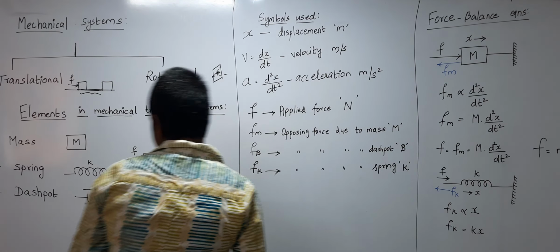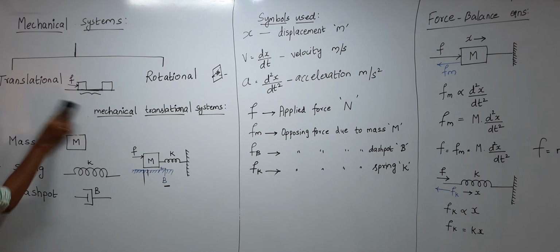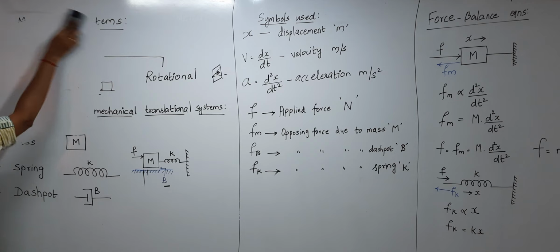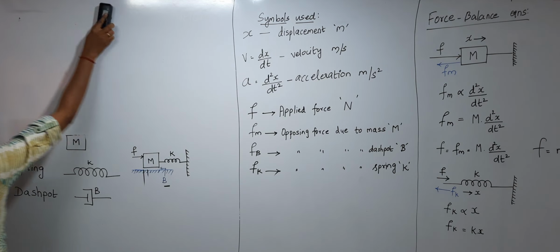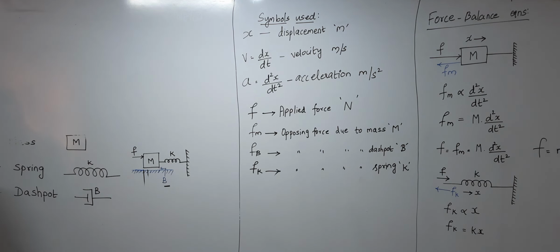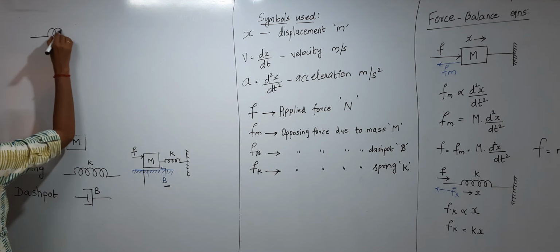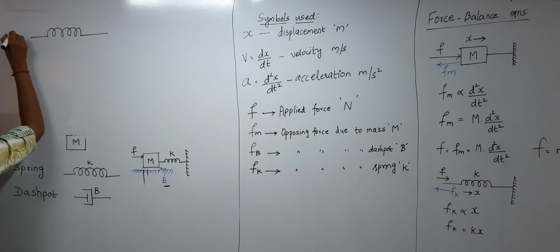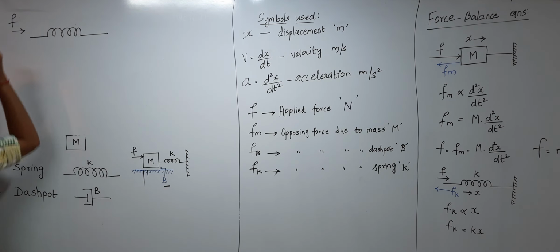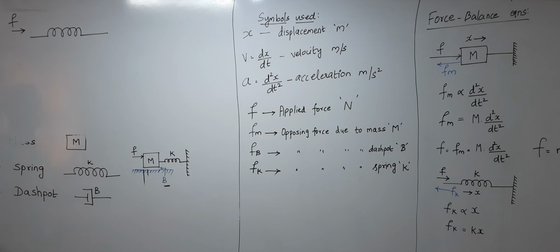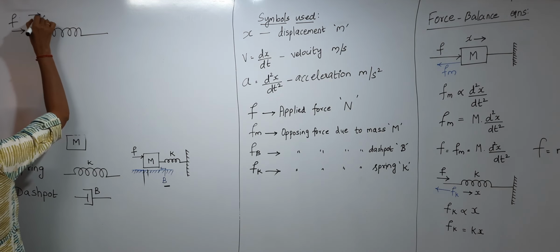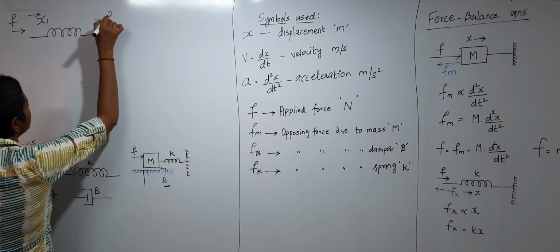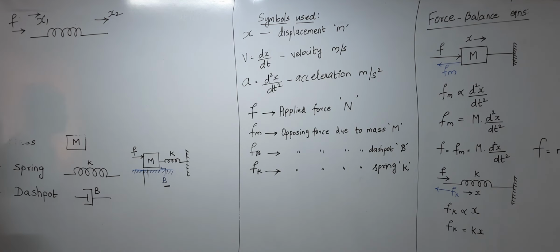And the next one is, suppose the spring has displacement at 2 points. Again I am having a spring, and here we are giving some force, and because of this force, the spring has two displacements. Let the first displacement be x1 at this side, and let the displacement at this side be x2. Then how can we write this force balance equation?